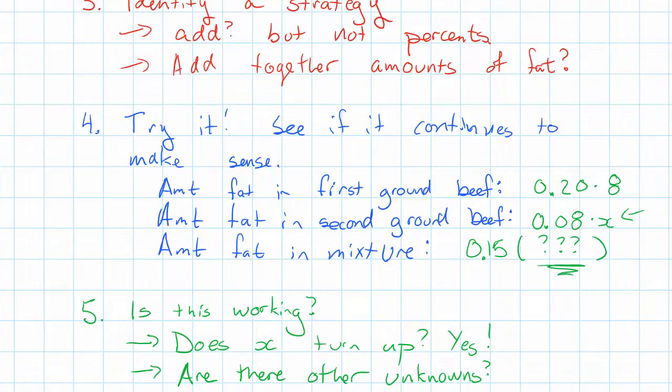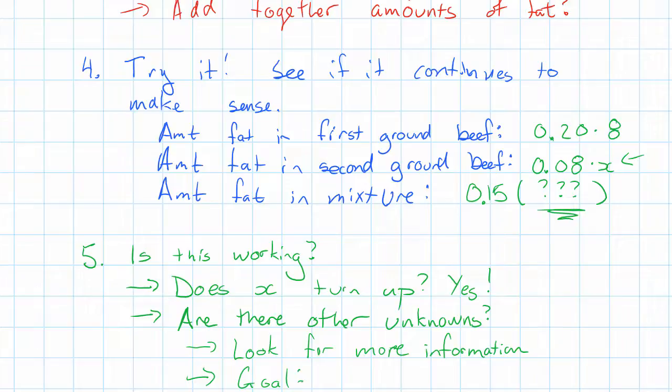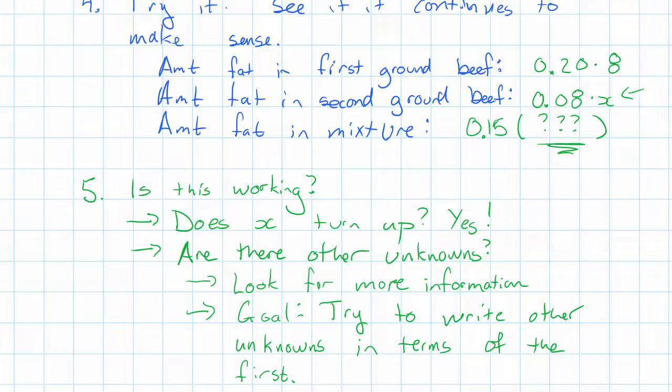In this case, we have this extra unknown, the total amount of the mixture. If there are other unknowns, we need to look for more information. Our goal, ideally, is to write the other unknowns in terms of the first unknown.